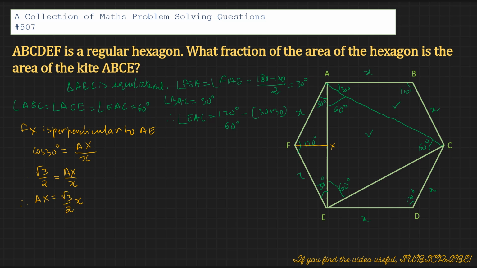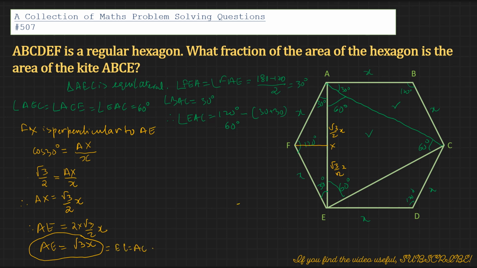So we got AX is √3 out of 2 x, and similarly XE would also be √3 out of 2 x. So AE equals 2 times √3 out of 2 x, and that equals √3 x. And this is the side of the equilateral triangle, so EC equals AC.